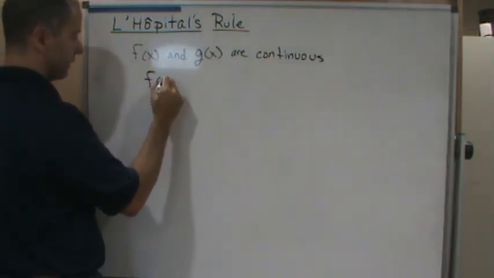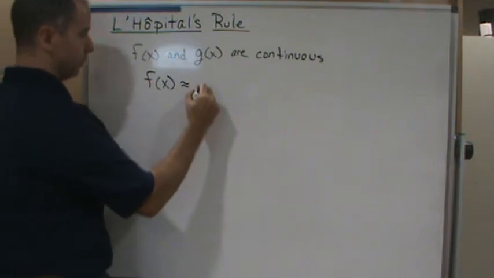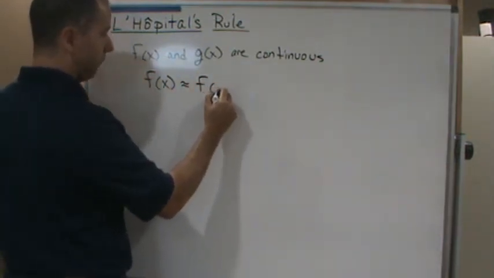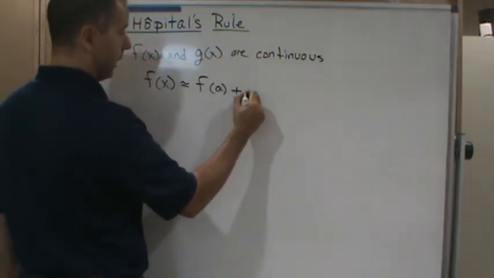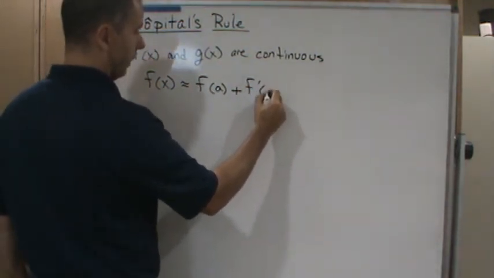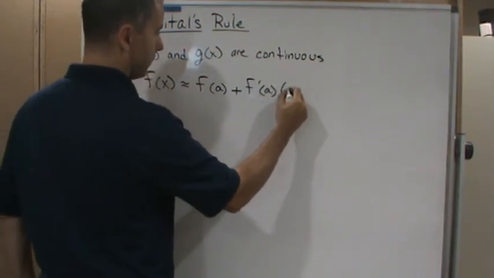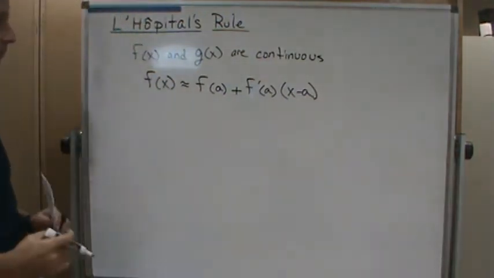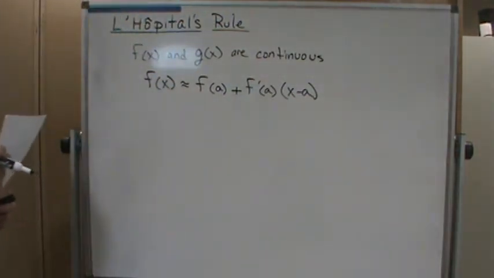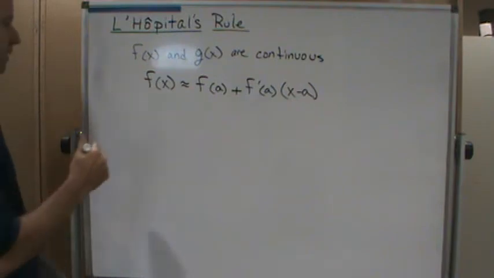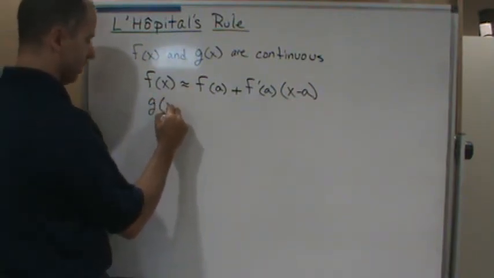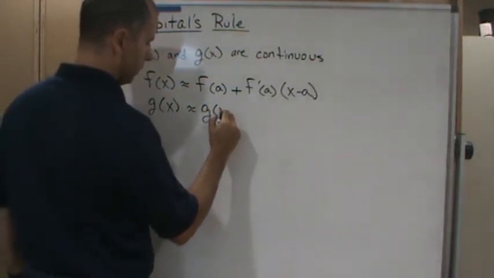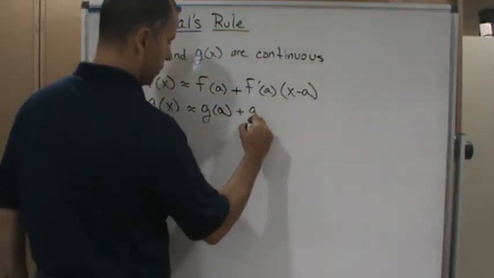So f of x is approximately equal to f of a plus f prime of a times x minus a. And then similarly, we could say g of x is approximately g of a plus g prime of a times x minus a.